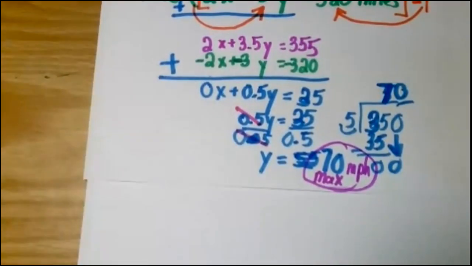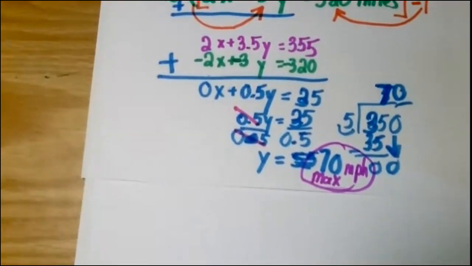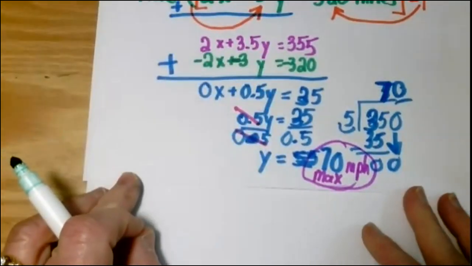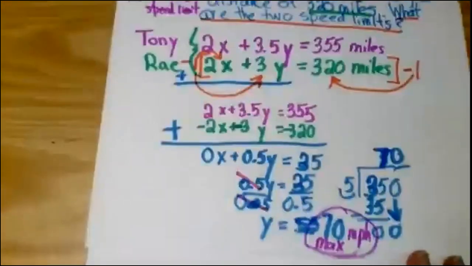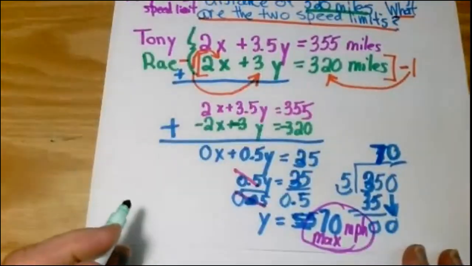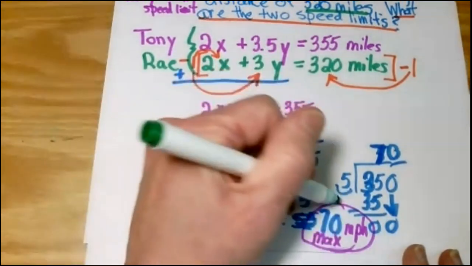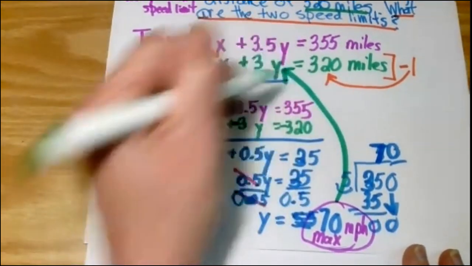Now I've got to plug in my 70 back into one of these equations. So actually we can take it all the way up to the top in one of these equations. I'm going to pick, it doesn't matter, they're both kind of hard. So let's put y in for this one.